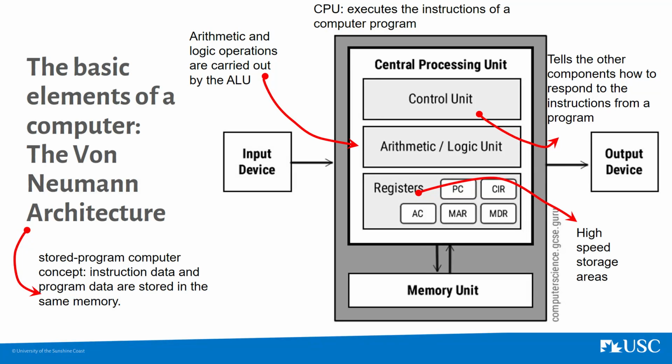There's what's known as AC, or accumulator, and this is where immediate arithmetic and logic results are stored. And then there's the PC, which is the program counter, and this contains the address of the next instruction processing that occurs in the computer.